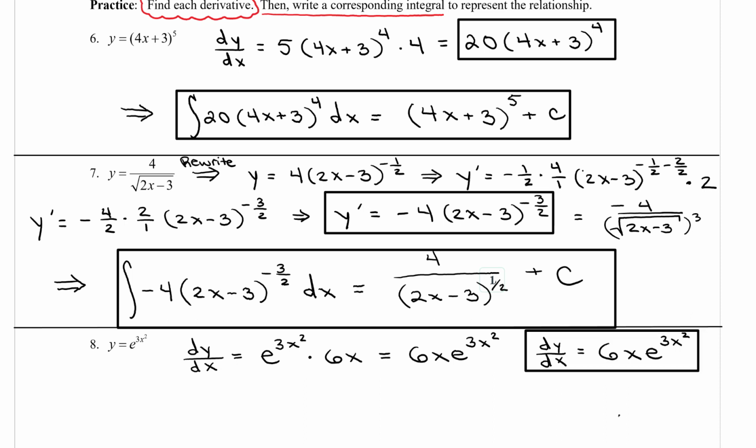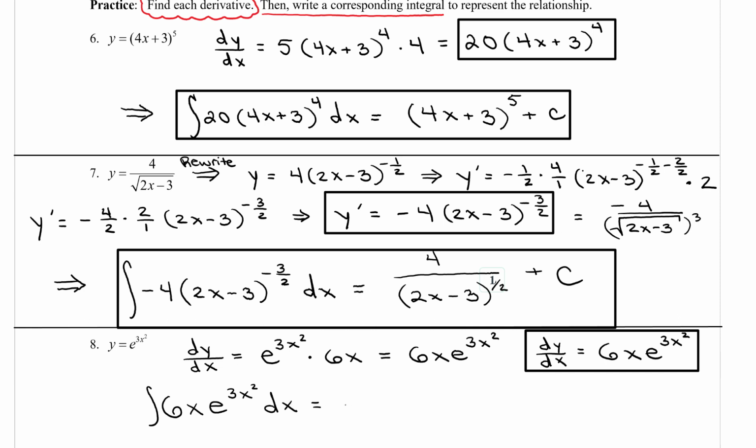Now that we boxed that in, let's go ahead and write our corresponding integral. We're going to write the integral of 6x e raised to the 3x squared power, and then dx.